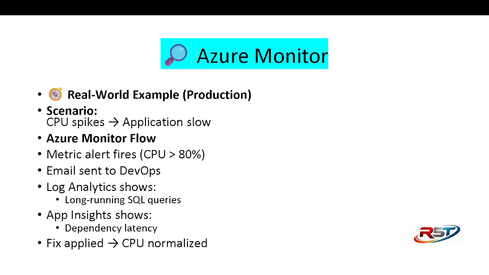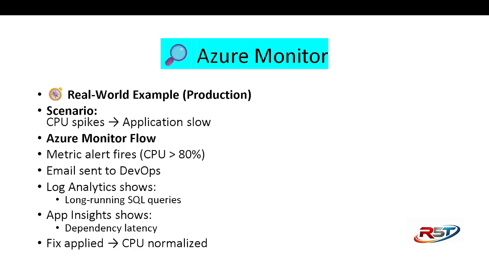The email is sent to whichever mail ID we give, whether we give the DevOps mail ID or the admin mail ID. We can give any DL, a distribution list mail ID. Whichever mail ID we configure in Azure Monitor, it will send a mail to that.